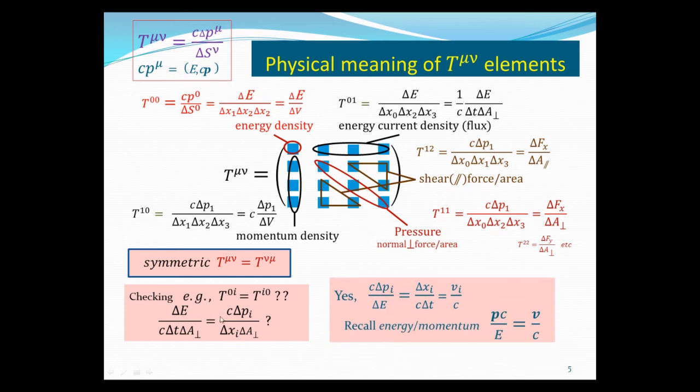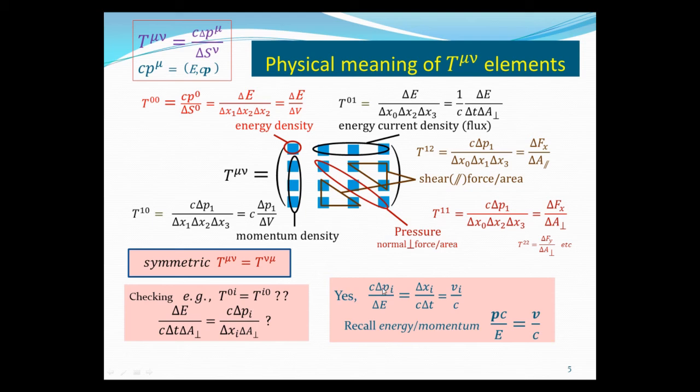Now, the question is whether these two quantities are equal. Well, I claim it is because, first I cross out the transverse area, so what's left is just delta P over delta E, and I claim if this is true, it is delta xi over c delta t. But delta xi over delta t, that's velocity in the ith direction.